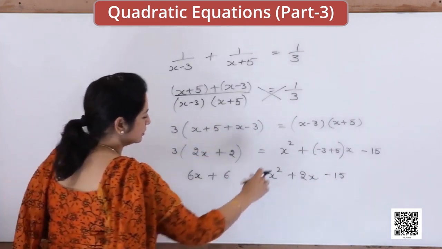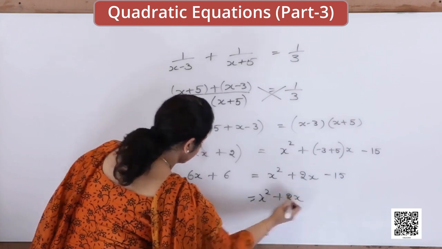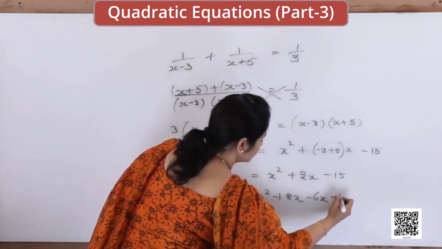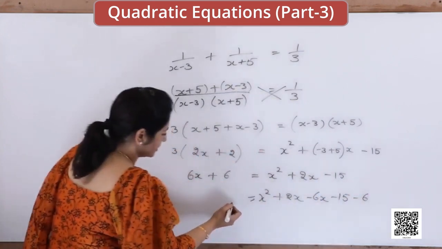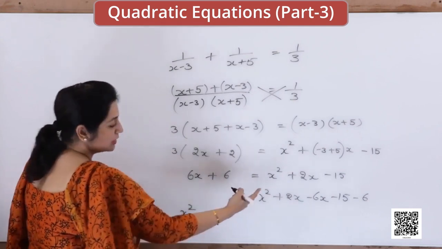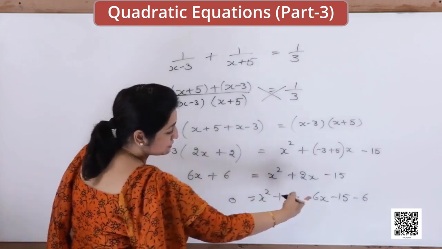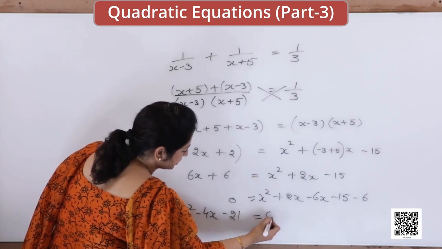Now taking this all to that side, we will have x square plus 2x minus 6x, and then minus 15 minus 6, and here we will have 0. Now it can be written as x square plus 2x minus 6x will give us minus 4x, minus 15 minus 6 will give us minus 21. It will be equal to 0.